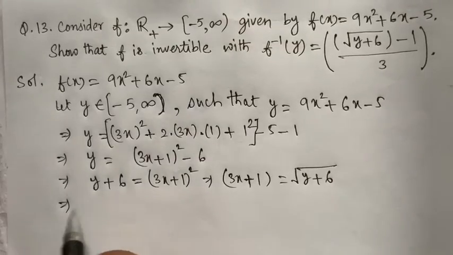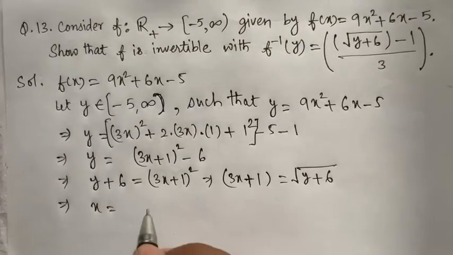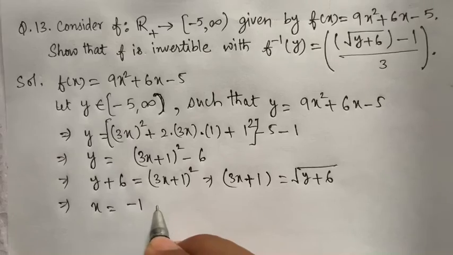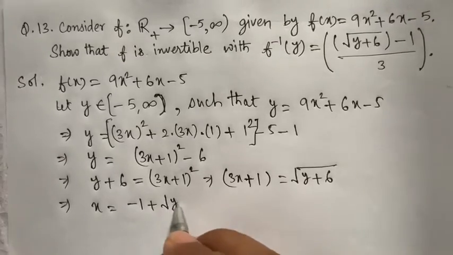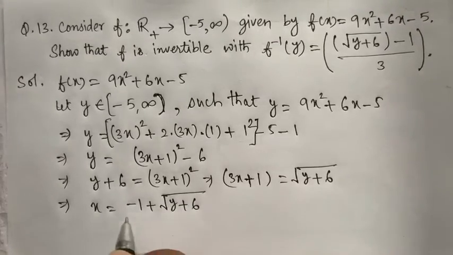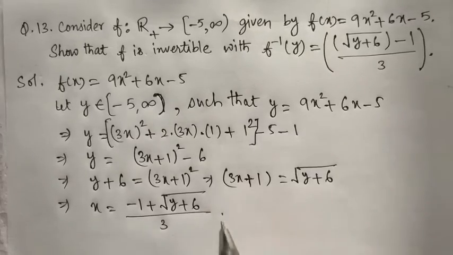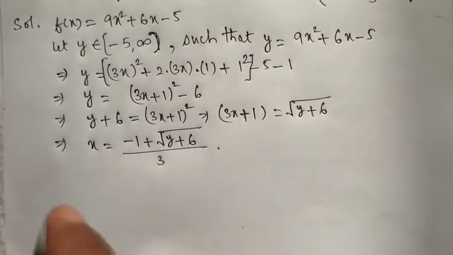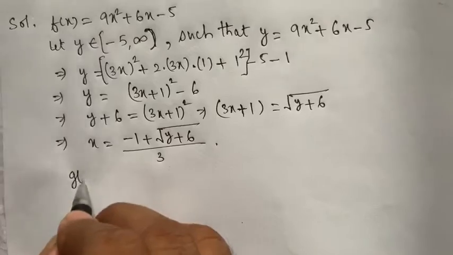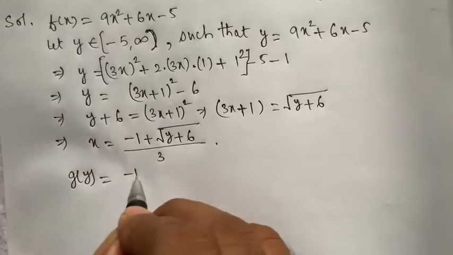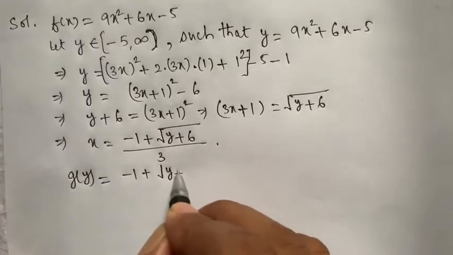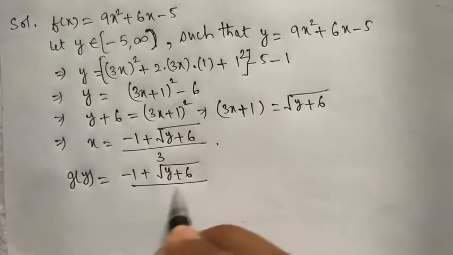Now what will be the value of x in this case? It will be minus 1 plus root under of y plus 6 upon 3. So we will assume it to be gy now. Gy is equal to minus 1 plus root under of y plus 6 by 3.